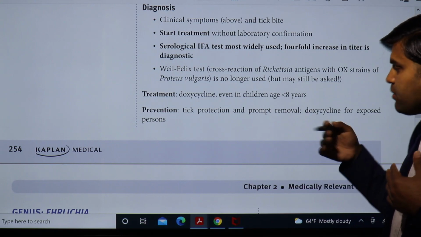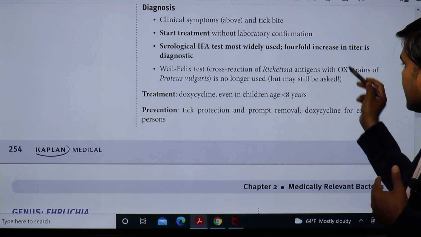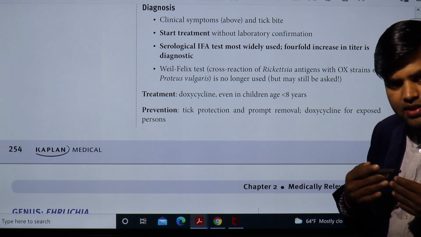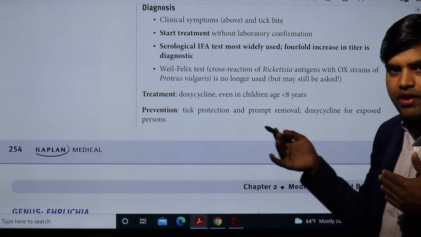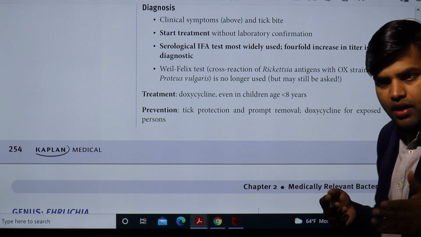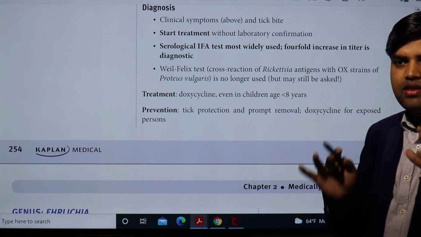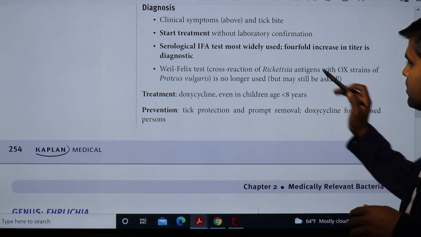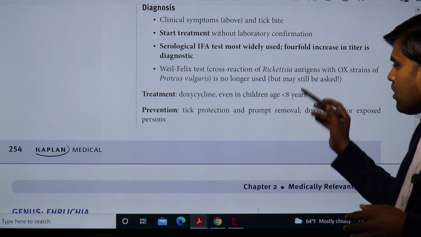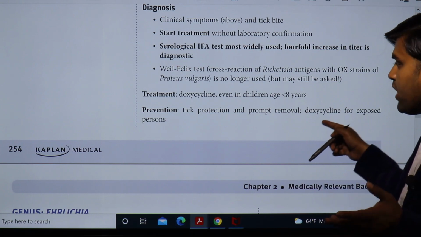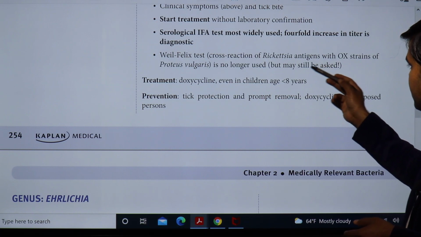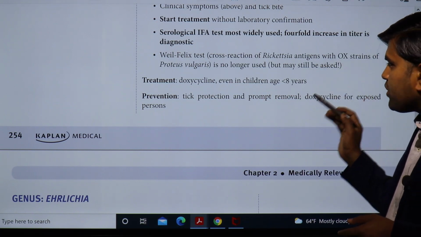This antibody will react with the antigen of Proteus vulgaris OX, which is similar to Rickettsiae, and due to the cross reaction, the rickettsial antibody can be demonstrated, and then there is agglutination, and you can label that patient as having a rickettsial disease. So this is a cross reactive reaction. The Weil-Felix test was used previously but is no longer used, but it may still be asked on your USMLE board. So the Weil-Felix reaction is the cross reaction of Rickettsiae antigen with the OX strain of Proteus vulgaris.